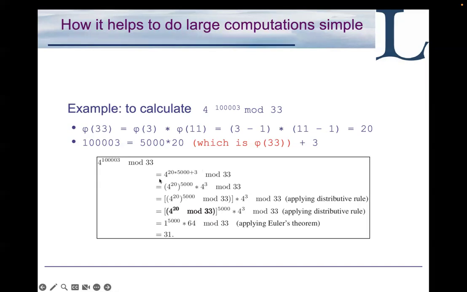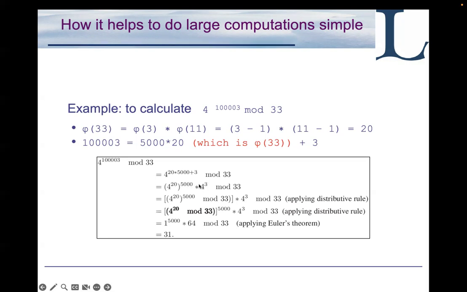If we trace all the computations, you see how the simplification boils down to very simple computations. First, because of properties of raising to a power, you represent it as 4 to the power of 20, and the whole result to the power of 5,000.